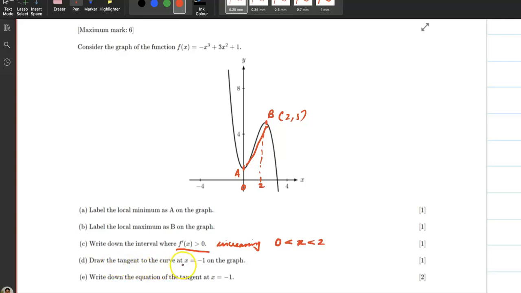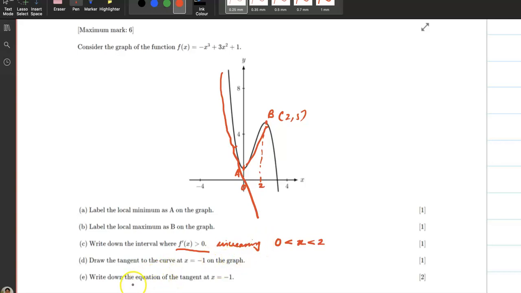Draw a tangent to the curve at x is equal to minus 1. So when x is equal to minus 1, your calculator also does that. Sketch, tangent, type minus 1 directly. Enter. Minus 1, 5. Sorry, I will not be able to do it, but on paper you will be able to do it.